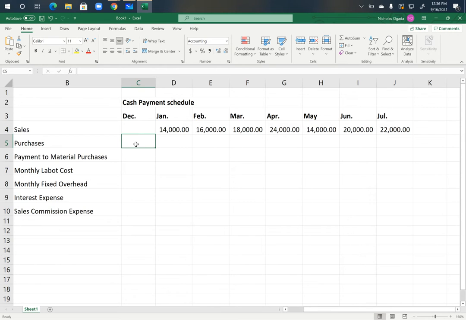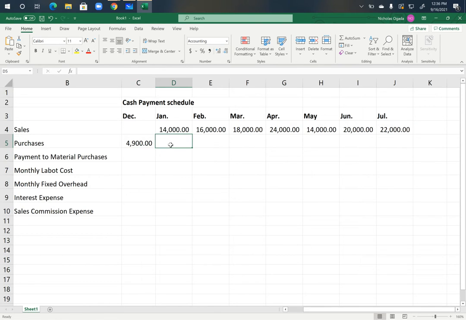So what we are saying here is this: the purchases are basically 35% times the sales forecast for next month. This is simply what we're referring to. So 35% of 14,000 is what is going to be bought in December.